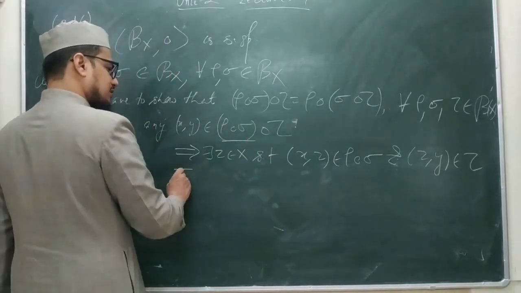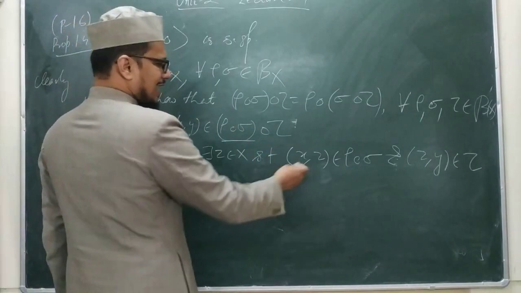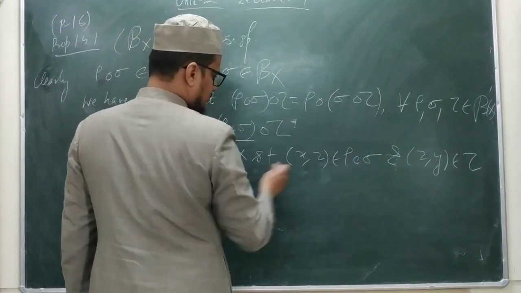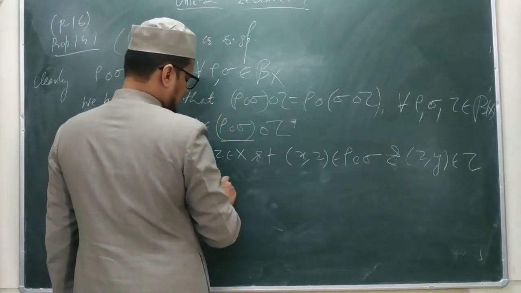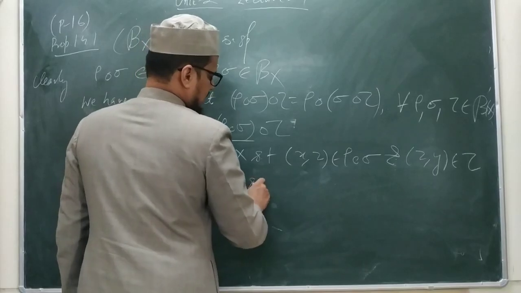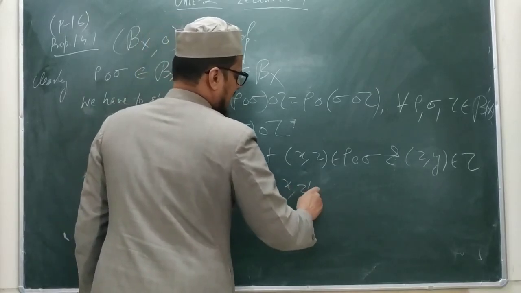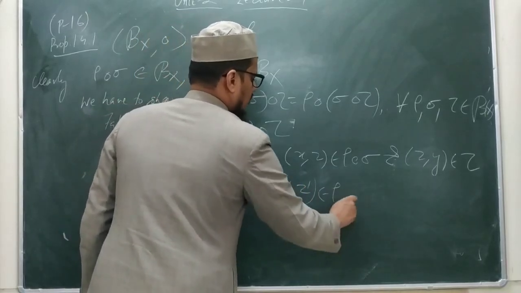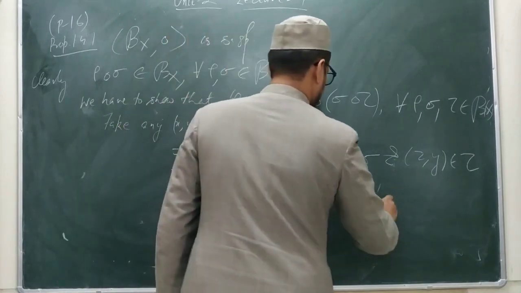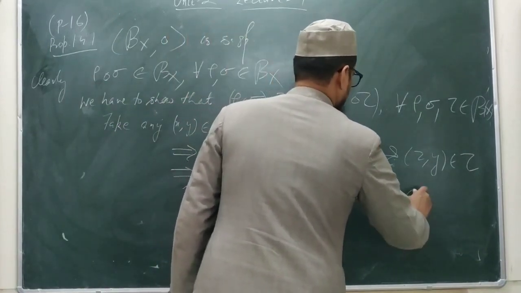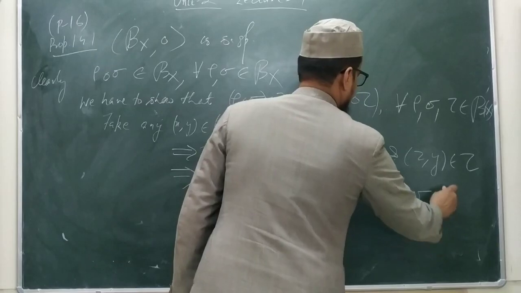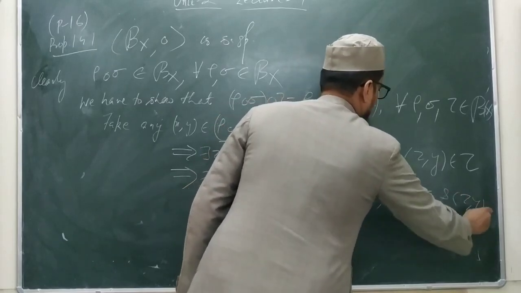Correct? Now what does it imply? (x, z) belongs to rho composition sigma. It means there exists z' belonging to X such that (x, z') belongs to rho and (z', z) belongs to sigma, and (z, y) of course belongs to tau.